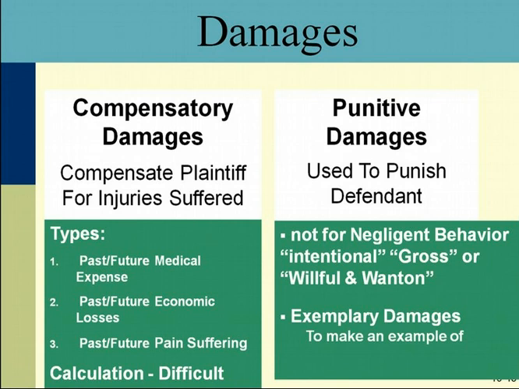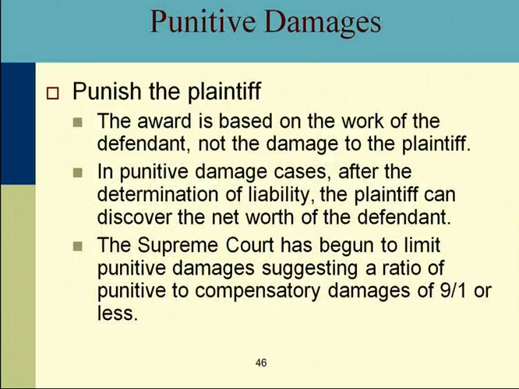Remember, in contract cases there are not punitive damages, but in torts there are. It is to punish the defendant, not the plaintiff. The award is based on the wrongdoing of the defendant, not the damage to the plaintiff. In punitive damage cases, after determining liability, the plaintiff can discover the net worth of the defendant.